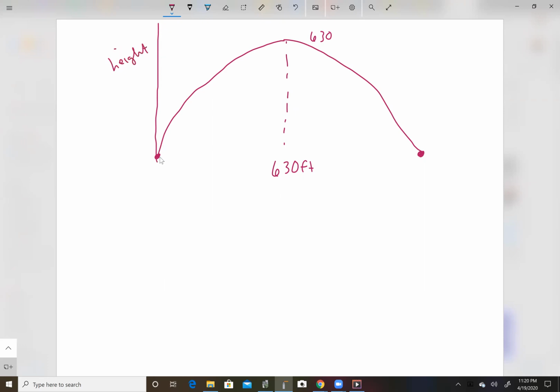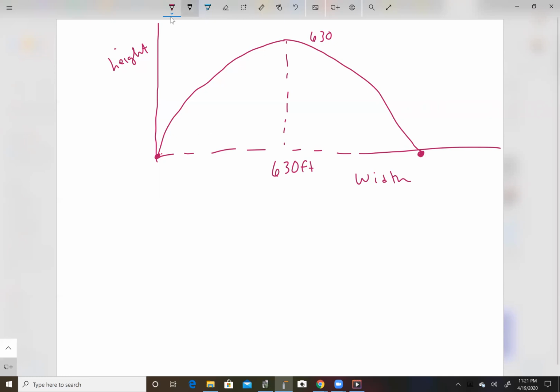And my width, I'm not going to be able to draw this as a straight line, I'm apologizing already, is going to be on the x-axis. So this is a literal model, not like we were doing with the projectiles where it didn't actually look like what you were drawing. This is a literal model.